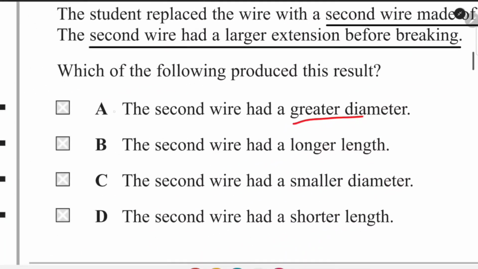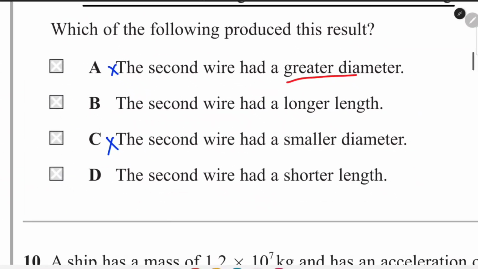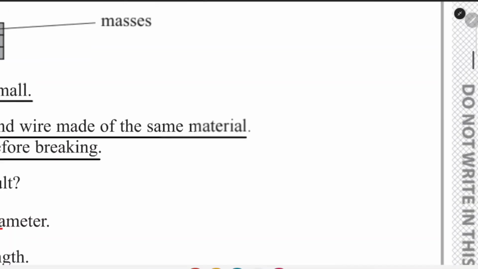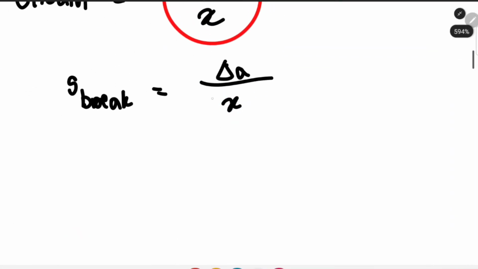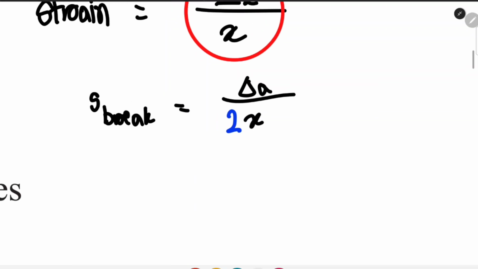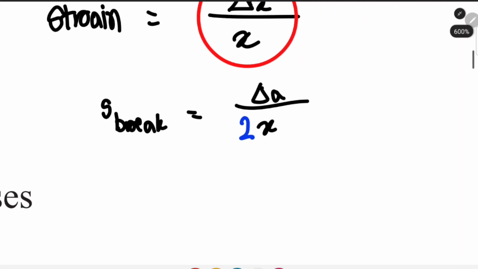So it's not option A and it's not option C. Changing a diameter won't do anything. Option B is if we had a longer length. So if x became 2x, for this ratio to be equal to the previous breaking strain, we need to add a 2 over here as well.